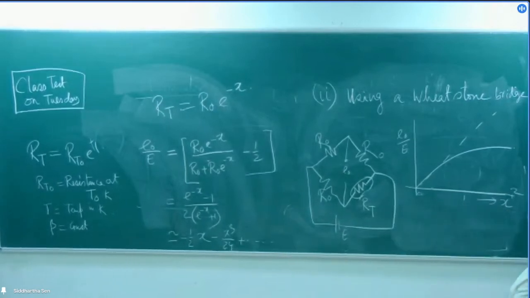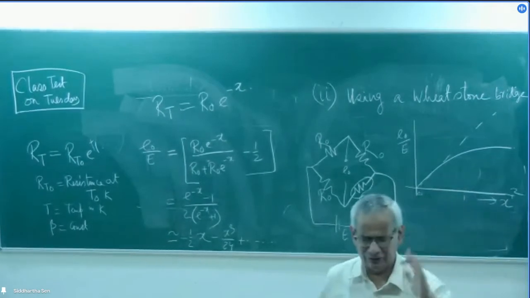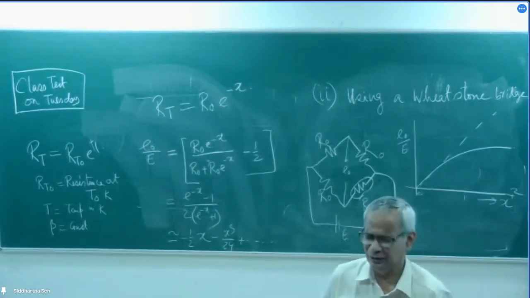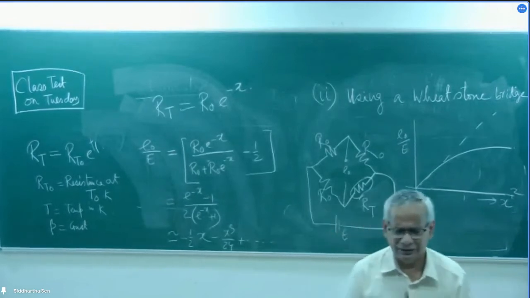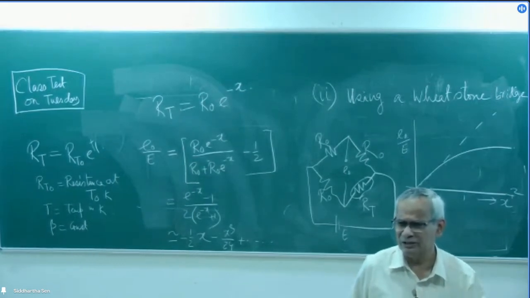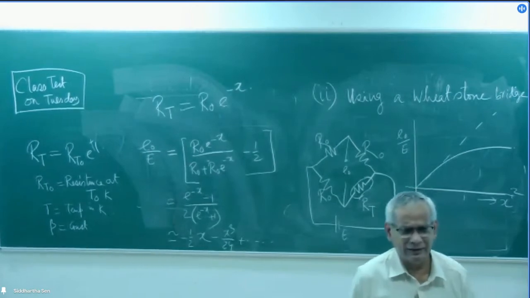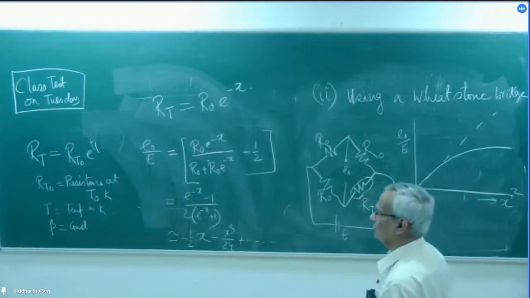If you have any question, I can discuss. But before that, I will conclude that the thermistor is a good one. The only thing is that it is too sensitive, and thermistors are not very replaceable. That is one problem, because two identical thermistors do not have identical characteristics. This is a problem of this one. Is it clear up to this?